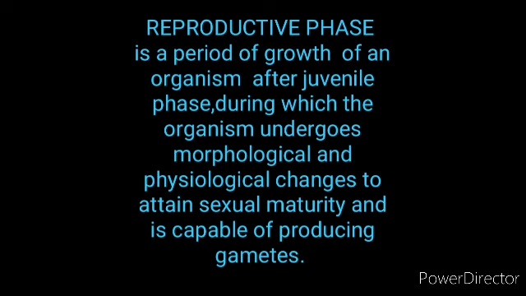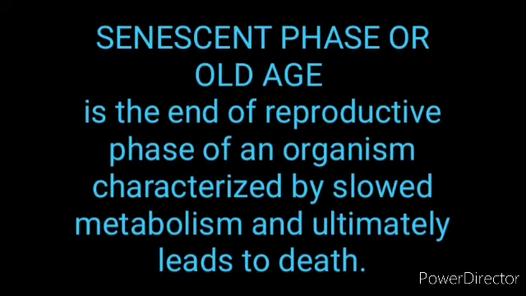Next we go to the last stage of the life cycle of a living organism, the senescent phase or old age. They are aging. It is the end of the reproductive phase of an organism, because their metabolic functions slow down and it leads to the death of that organism.